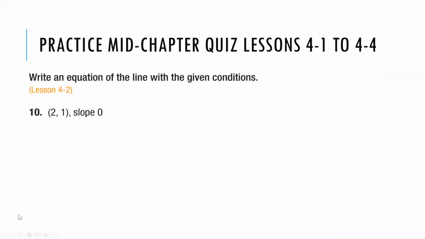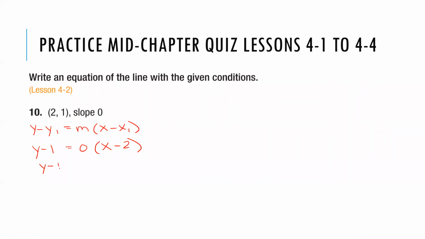Okay. Again, it says write an equation of the line with the given condition. So now this one, we have a point and the slope is 0. So we're going to use that point-slope form again, and we fill everything in. So y1 is 1, the slope is 0, and then the x1 is 2.